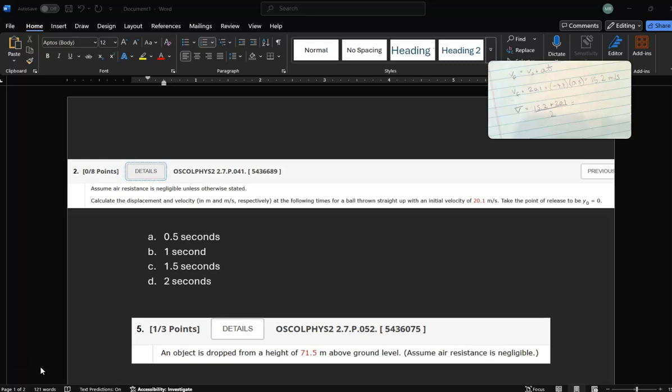I end up with an average velocity of 17.65, which again is going to equal my displacement divided by the time, which is 0.5 seconds.